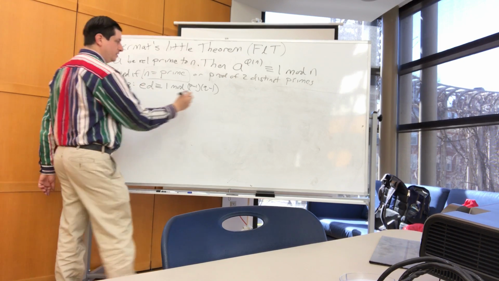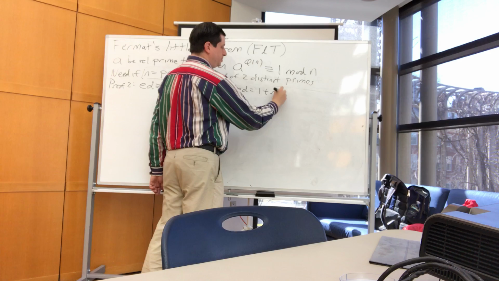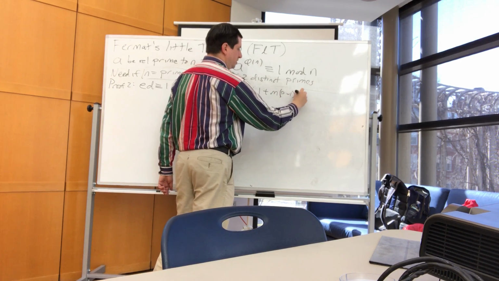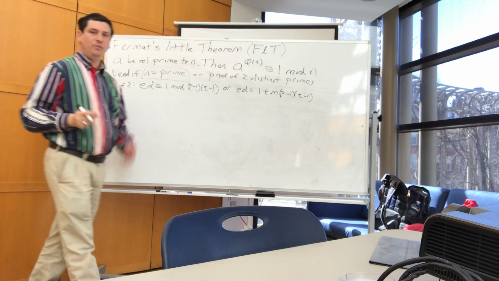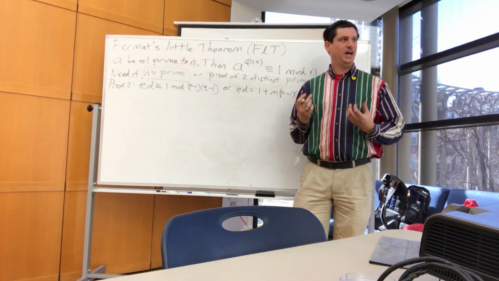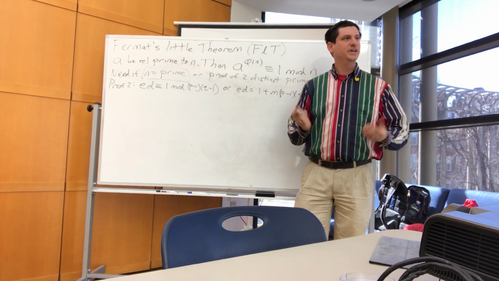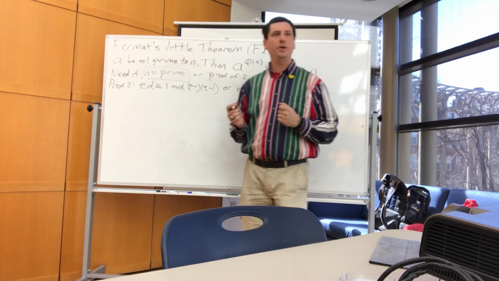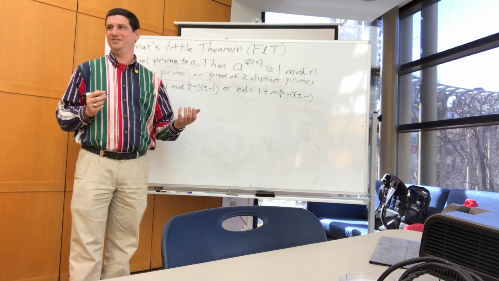So that means ed is 1 plus some multiple of (p minus 1)(q minus 1). And what I'm going to do here is the trick of switching primes. I'm going to first look at the message, encrypt it, decrypt it, and look at that mod p. Then I'm going to look at it mod q.